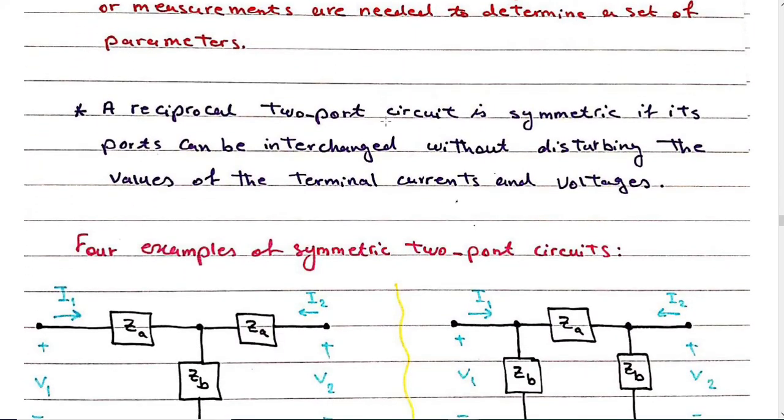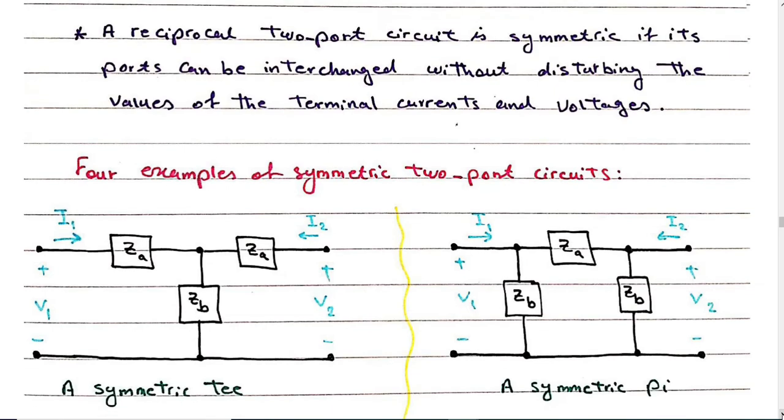A reciprocal two-port circuit is symmetric if its ports can be interchanged without disturbing the values of the terminal currents and voltages. For example, we have this reciprocal two-port circuit. Why is it symmetric? If we interchange the ports, putting V2 over here and V1 over here, the values for the currents and voltages remain the same.